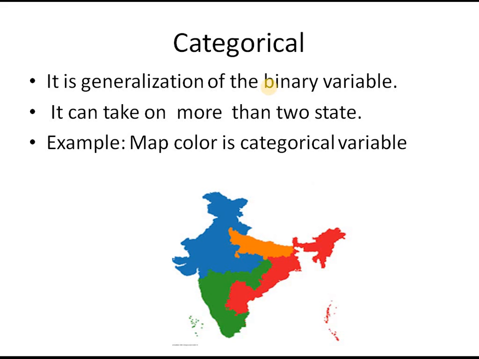For example, map color is a categorical variable that may have different states, shown in different colors like red, green, blue, orange, and pink.